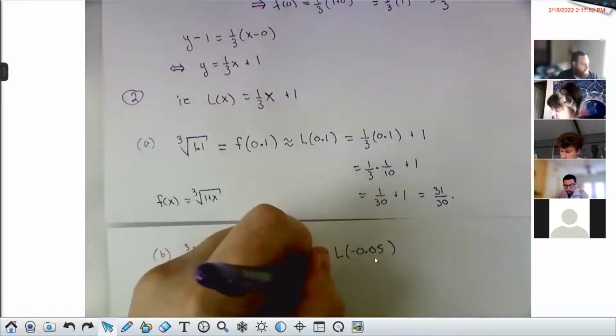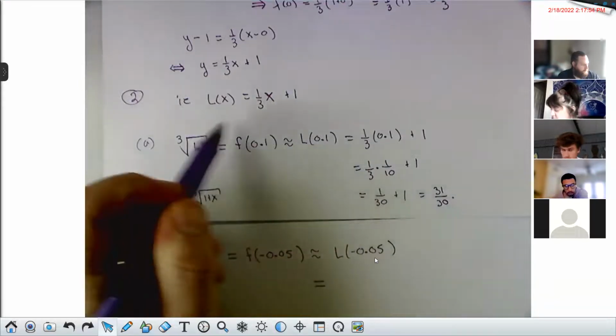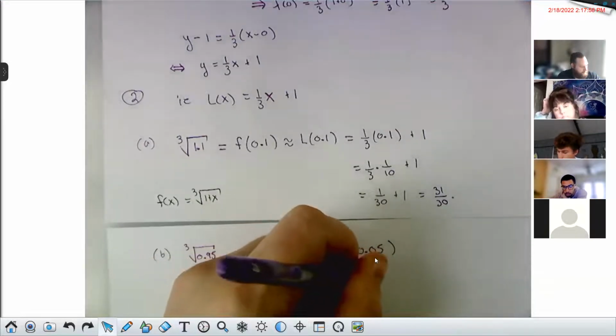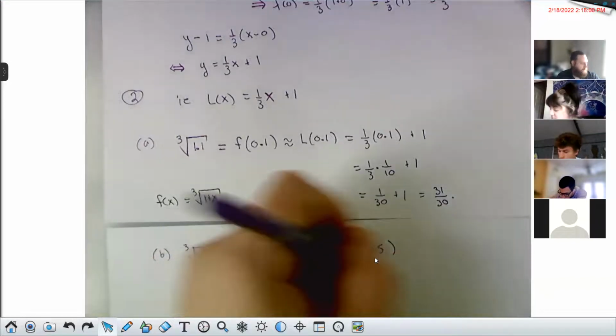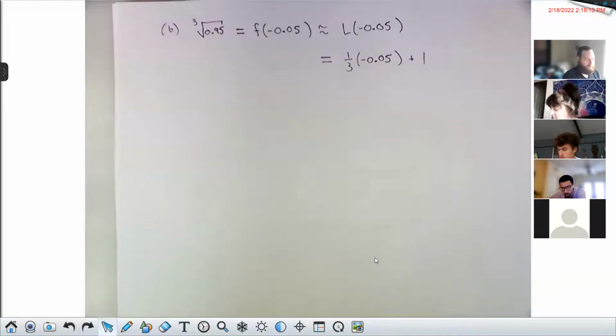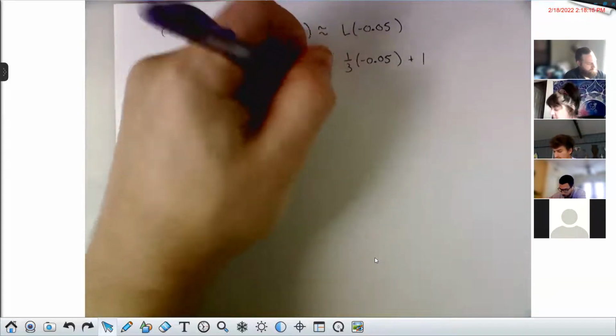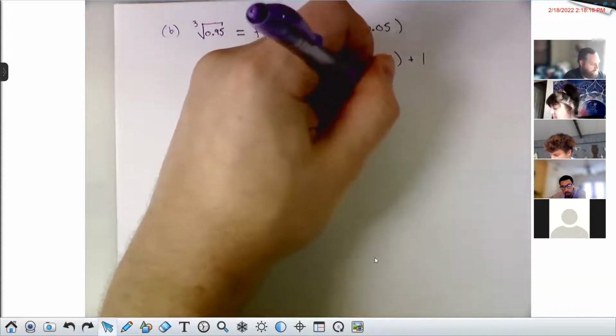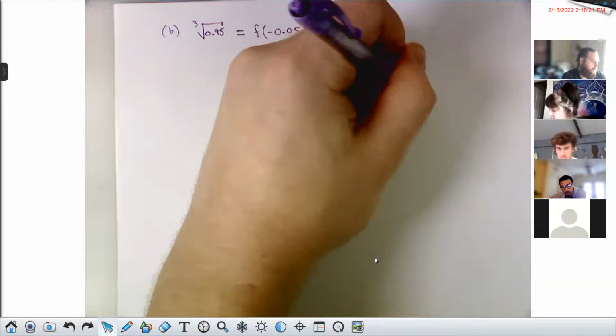Plugging into the formula for L of x that we cooked up, 1/3 x plus 1, this is 1/3 times negative 0.05 plus 1. And again, I would probably just write this as a fraction. 0.05 is 5/100ths or 1/20th. That's 1/3 times negative 1/20th, plus 1.